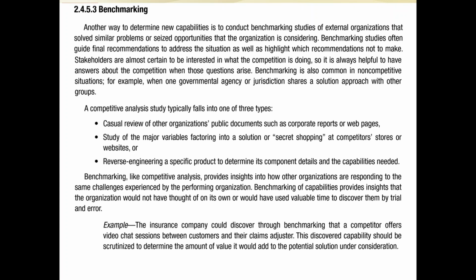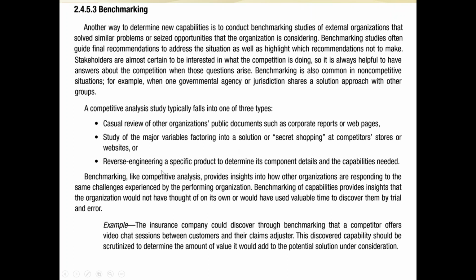Have you heard about secret shopping? You send a worker as a customer to your competitor's shop and see how they act, what they are doing well, what they are doing badly. So he will just note down everything and you will learn from that.